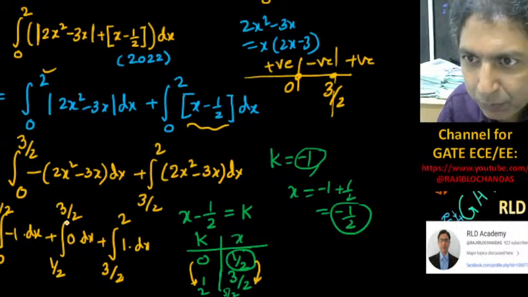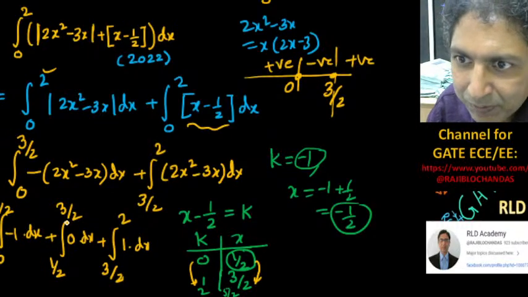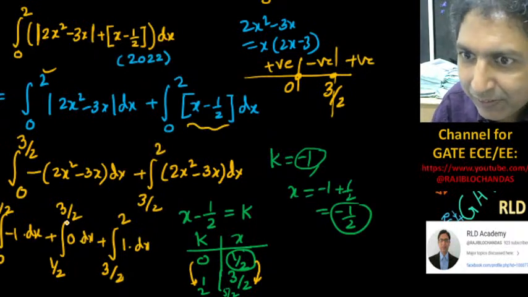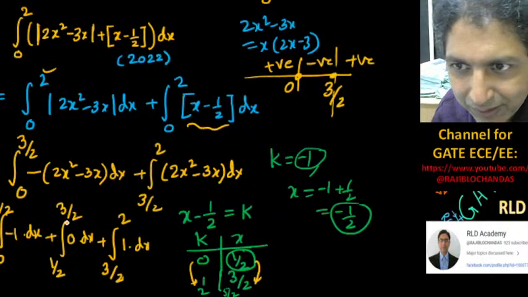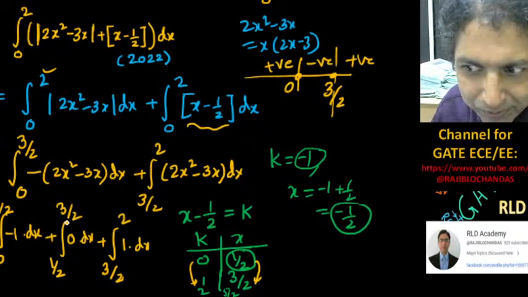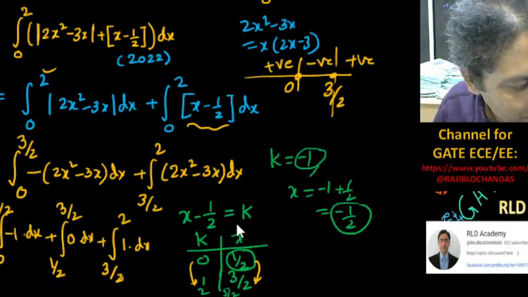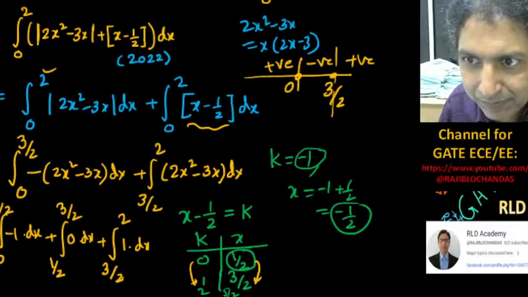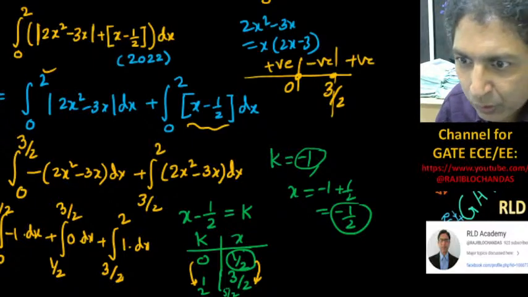So this breaking is important, otherwise what you can do, x minus half equals to z, that you can put and then just change the limit, and that will be much easier for you. Okay, so can you solve this problem then? So it appeared in 2022.